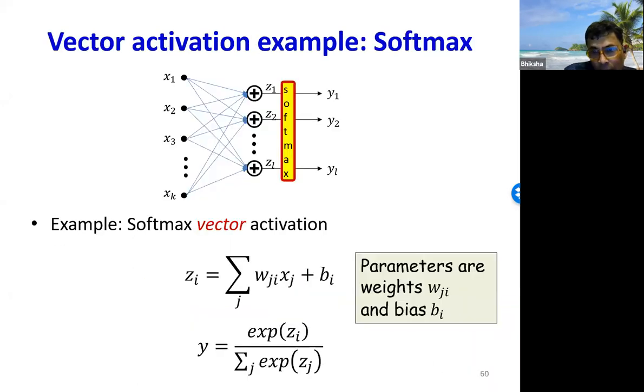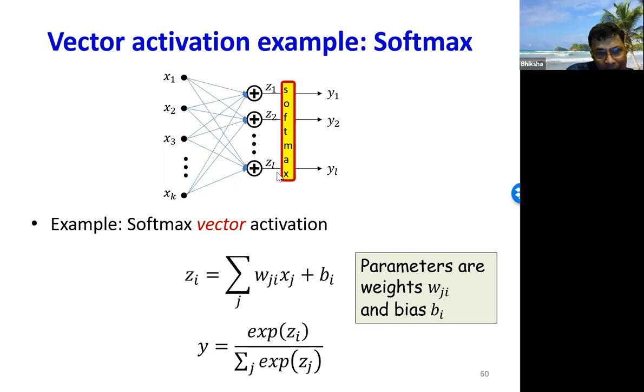And a very common example of a vector activation is the softmax activation. A softmax that computes L outputs first takes in a bunch of inputs, then it computes L different affine terms. Those are the Zs over here.